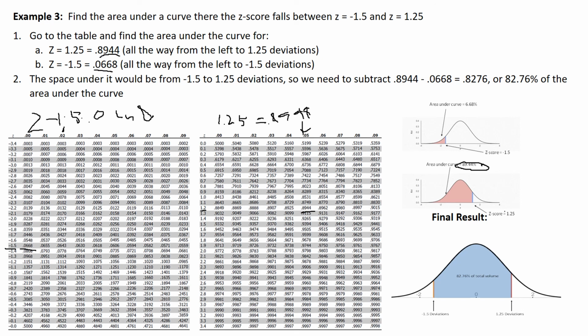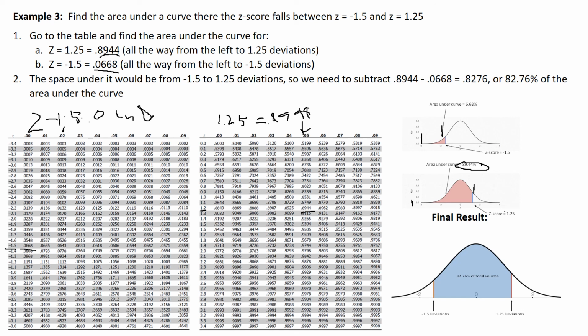So I need to find the space between these two. Well, this second one is the space from the very beginning to 1.25. Here's the space from the very beginning to negative 1.5. The very first one was 0 to 1.25. Second one, 0 to negative 1.5.